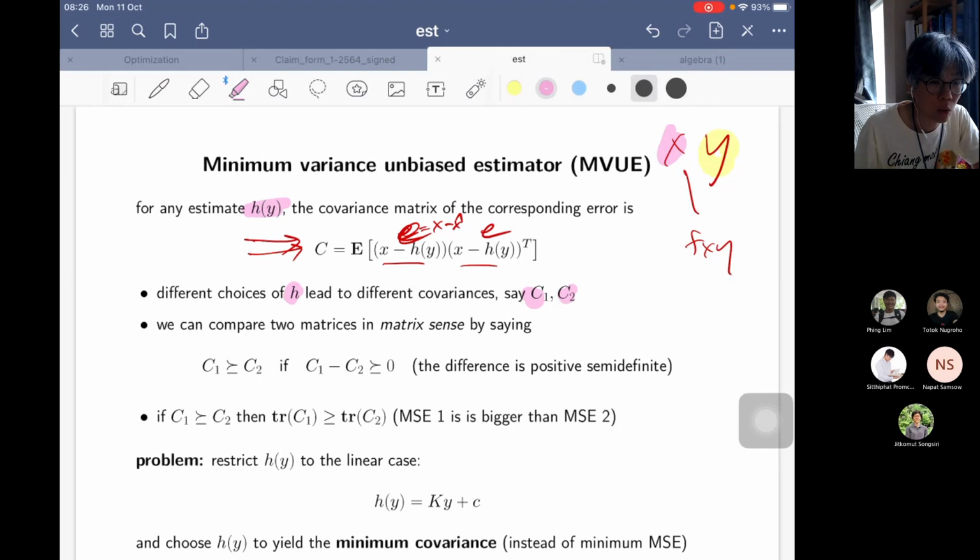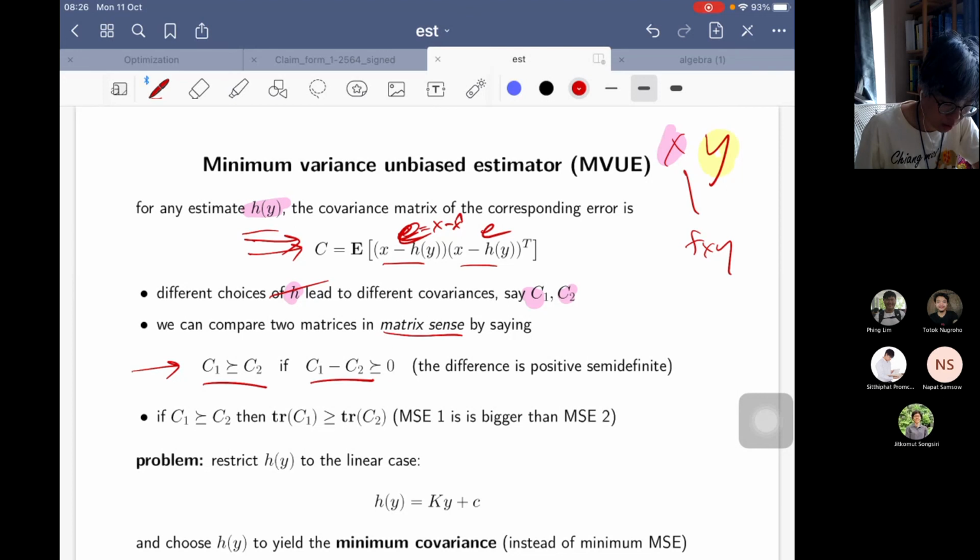So if we want to compare which estimator is better, we can compare their covariance matrices, and we're going to compare them in a matrix sense. And of course, what we know in the matrix sense is that C1 is bigger than C2 if C1 minus C2 is positive semi-definite.